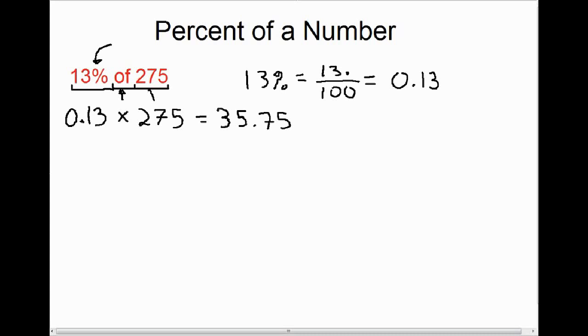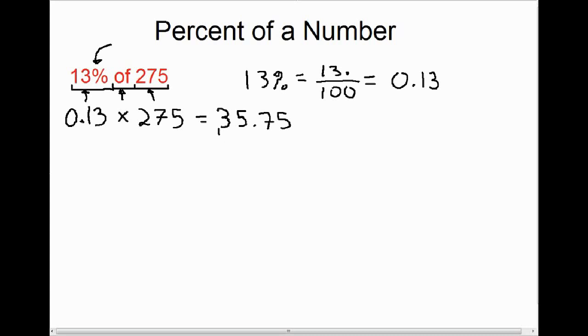The number can be just written as a number, and a percent we usually would write as a decimal in a math sentence. We could write it as a fraction, but for our purposes here, we're going to write it as a decimal, and 13% as a decimal is 0.13. And when you use your calculator, you multiply 0.13 times 275, you get 35.75.